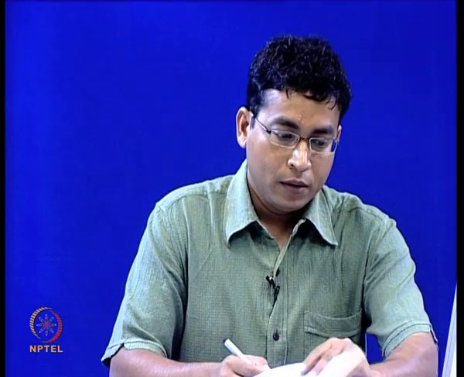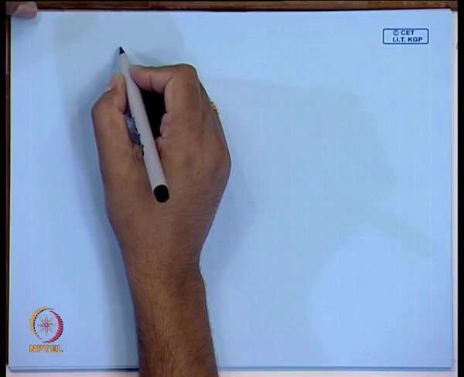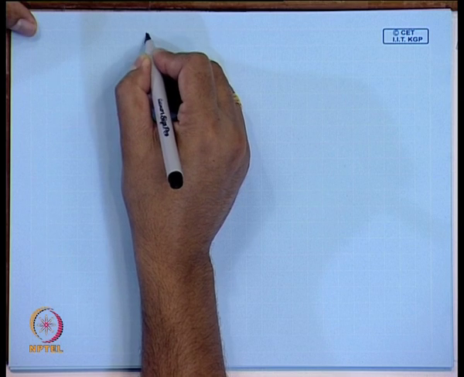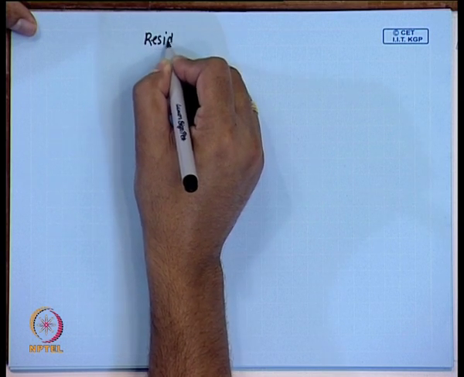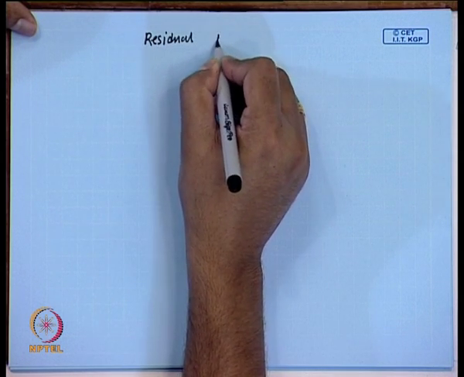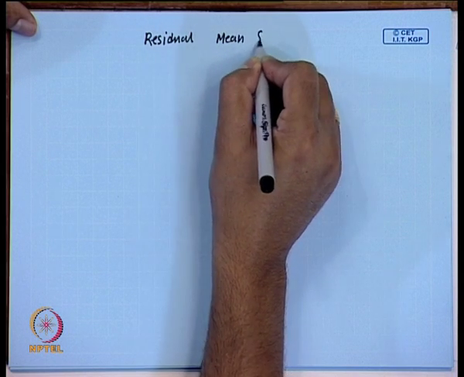So, we talked about one criteria, that is the coefficient of multiple determination, and next we will move to the MS residual criteria, the residual mean square.